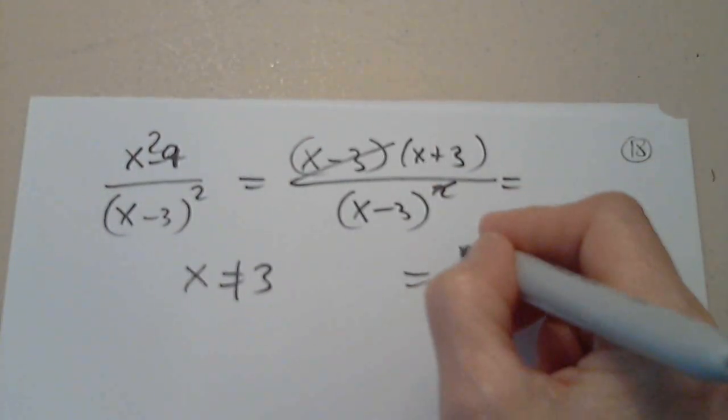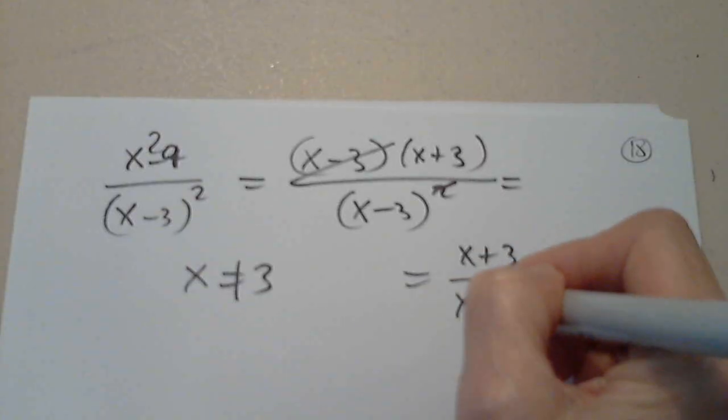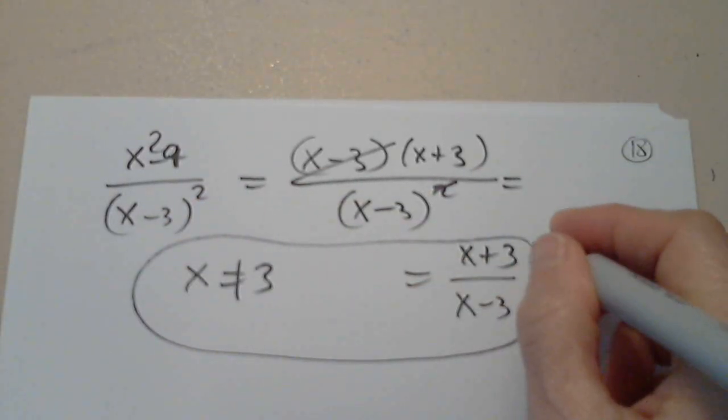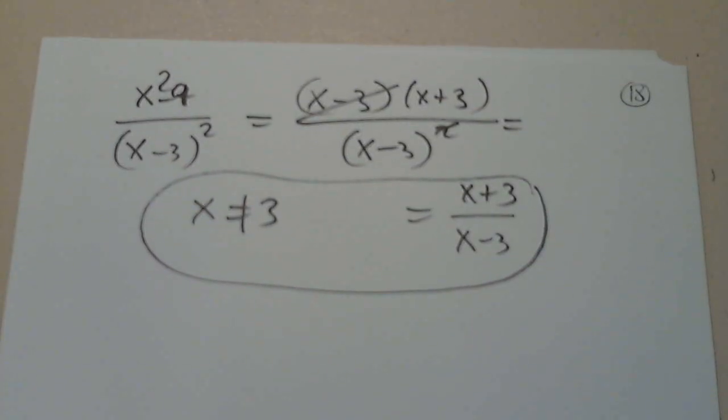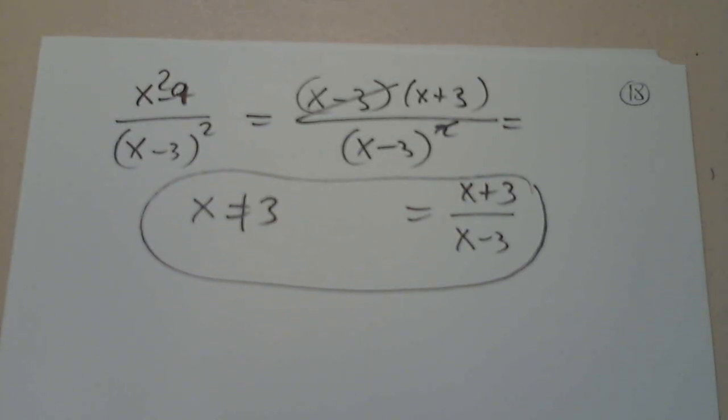And you simplify and you get x plus 3 over x minus 3, assuming x is not 3. Otherwise, it makes no sense. And the last one is the same as g of x plus 2.